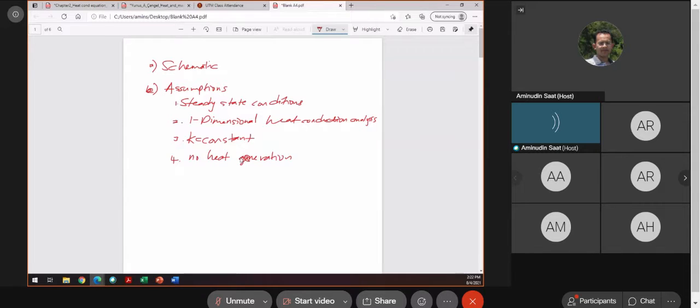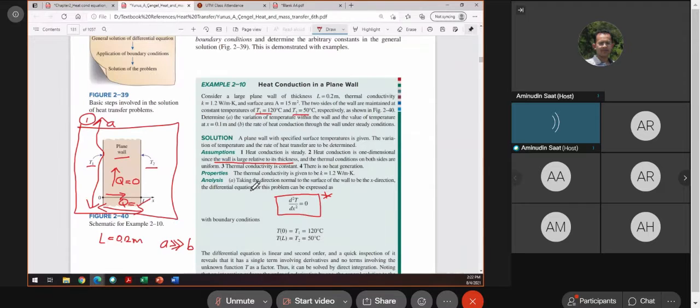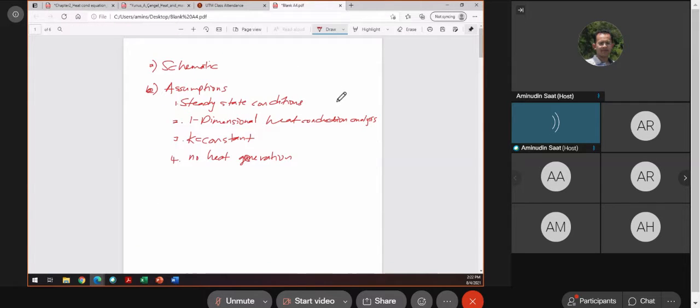So if you look back at the equation, after the assumptions you need to find the properties. But since the problem gives you the properties, you just restate the property values of the wall.